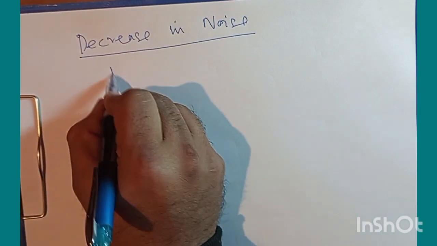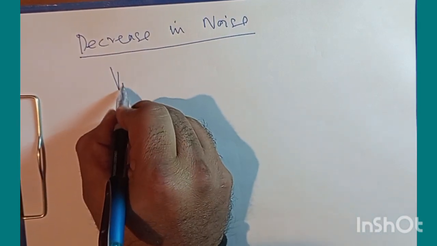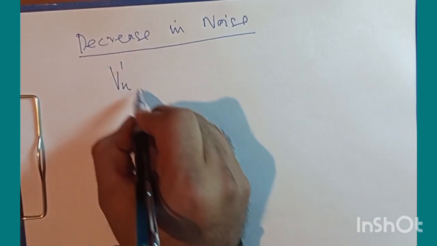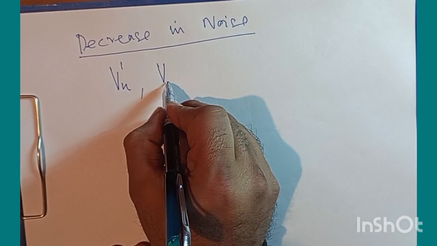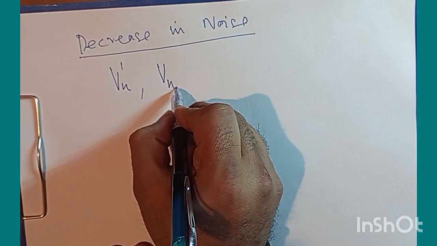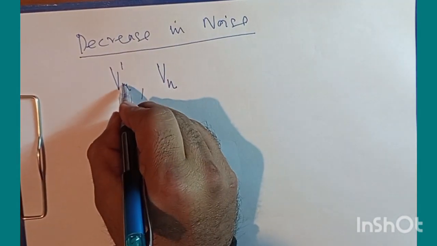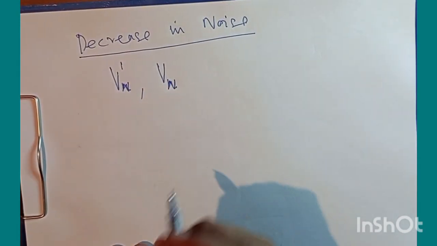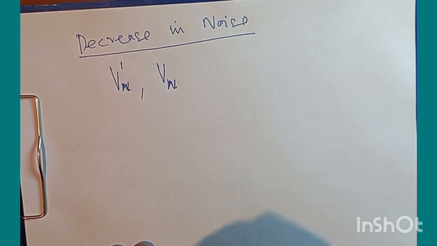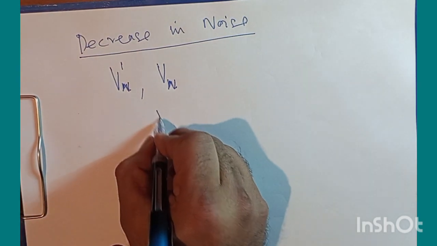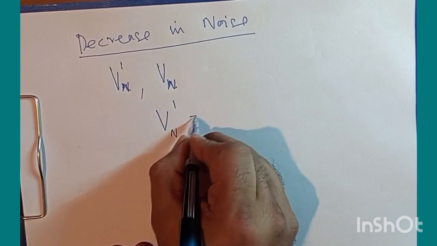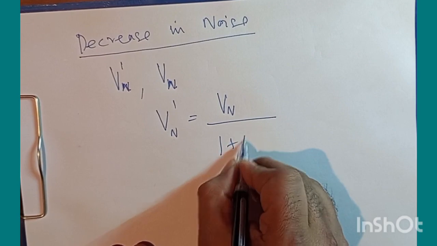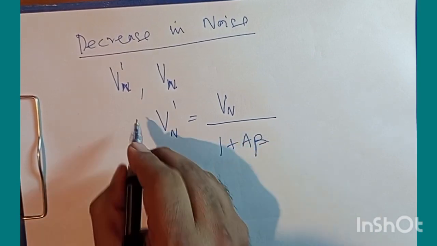If I define the amplitude of noise in presence of feedback as Vn dash and the amplitude of noise in absence of feedback as Vn, the result under the same circumstances will look like Vn dash is Vn divided by 1 plus A beta.